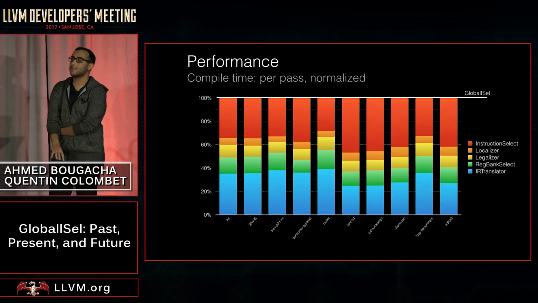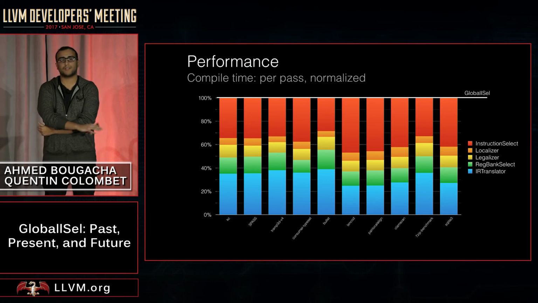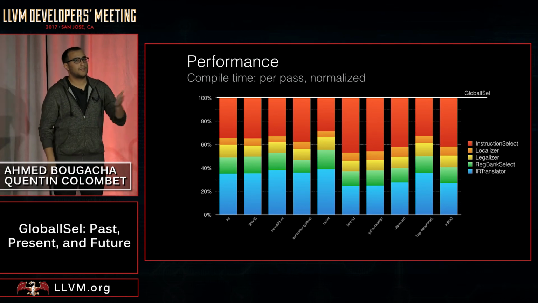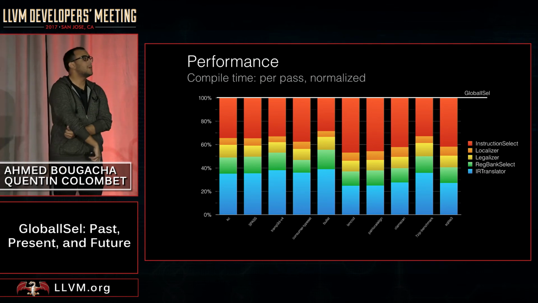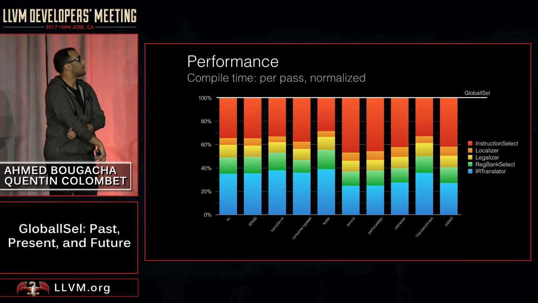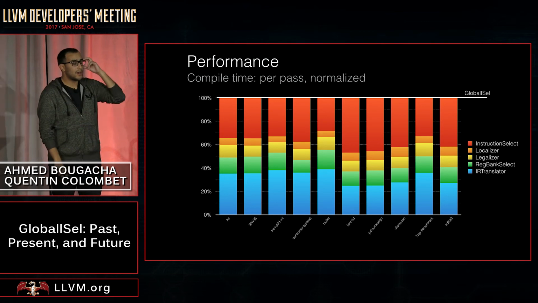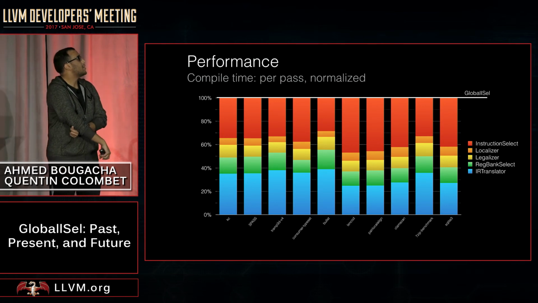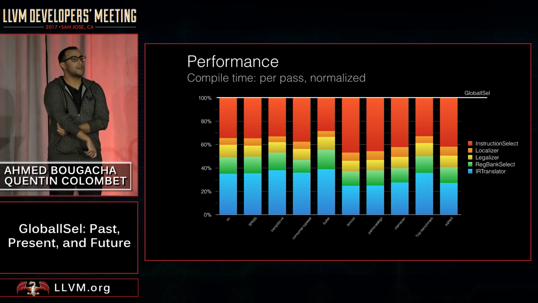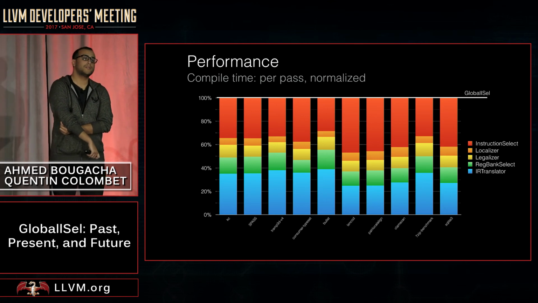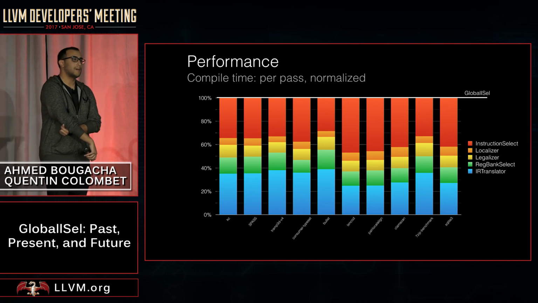But now if we look at these passes normalized only to GlobalISel, it's interesting data. For instance, IR translator, which is the pass that does the initial building of MI, is a pretty expensive pass. And some of the others are also pretty expensive. Instruction select, for instance, since we added a lot of TableGen, now there are lots of things that we can improve in the TableGen lowering.